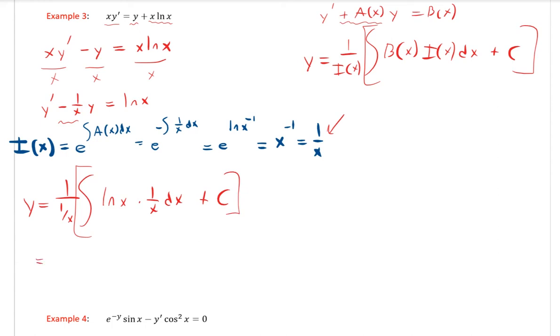That overall, 1 over x is x times the integral of natural log of x over x dx plus c, and that's pretty nice to solve. We could set u to be natural log of x, du is 1 over x dx, which is what I have.